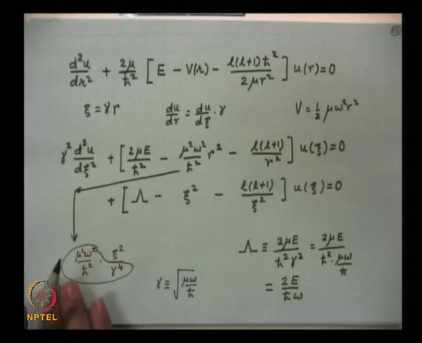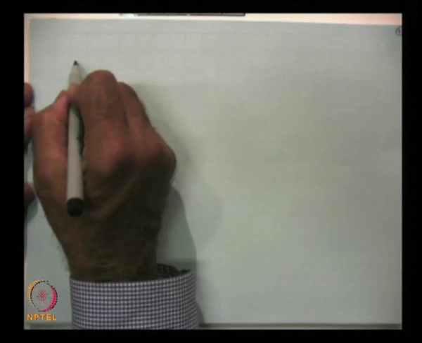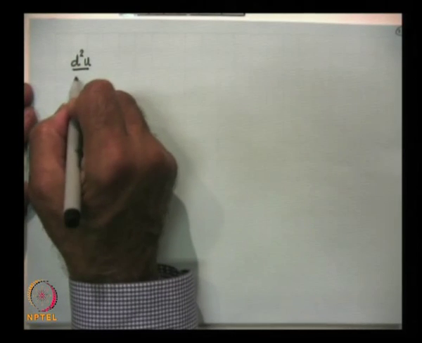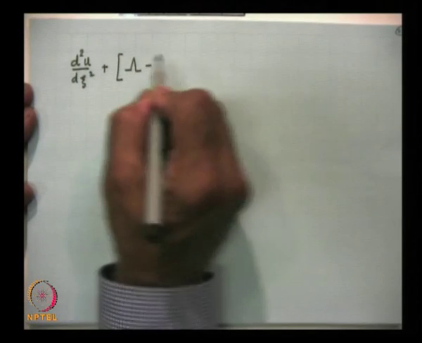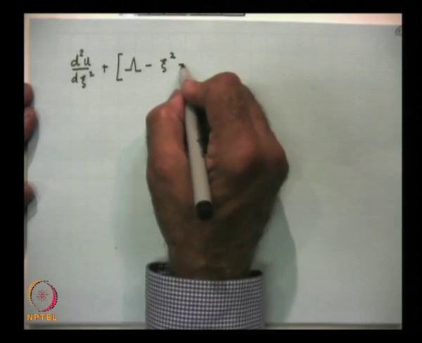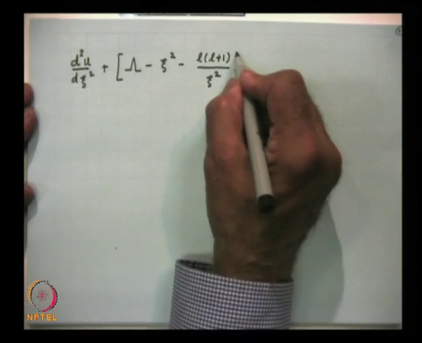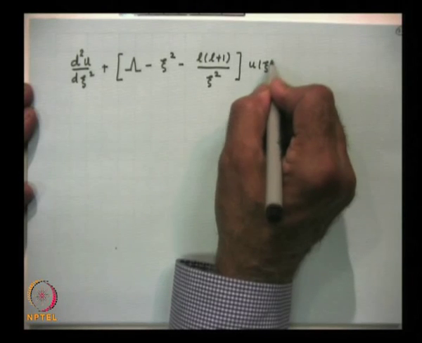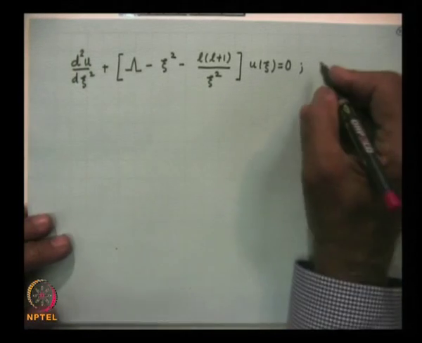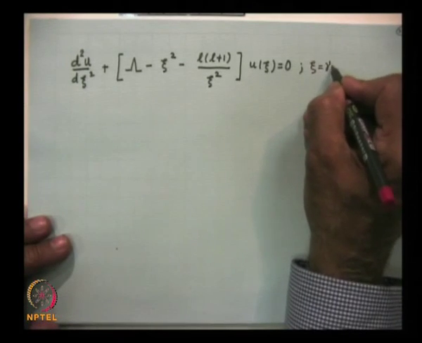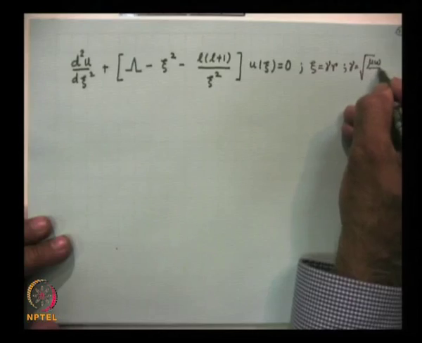So, the radial part of the Schrodinger equation simplifies to d2u by d xi square plus lambda minus xi square minus L into L plus 1 by xi square, u of xi is equal to 0, where xi is equal to gamma r, and gamma is equal to under root of mu omega by h cross.